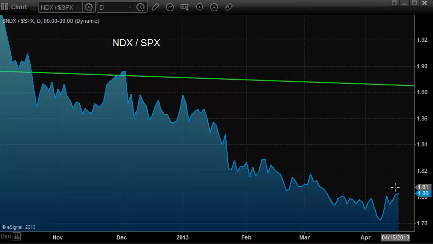and could potentially set the table for a rotational rally where things come out of the performance that have been really good, the biotechs and the pharmaceuticals and whatnot, and move into some more other assets within the NDX, like the semiconductors and some of the other retailing and more growth-oriented assets.